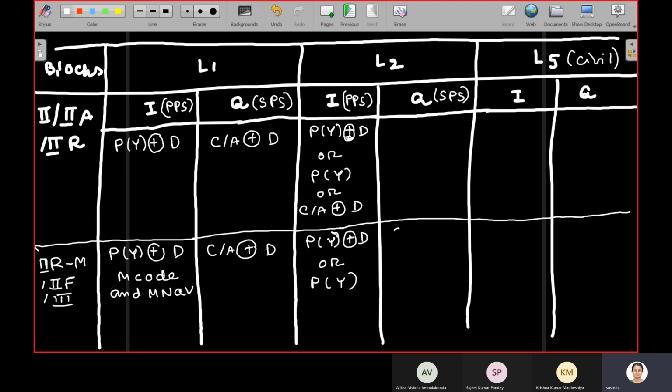So they used this RCA, no data, or... Earlier I mentioned that a new code was introduced in the L2 band for civil users. So these are the ones.